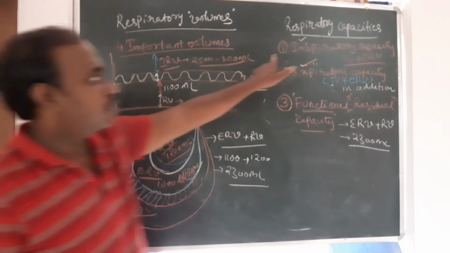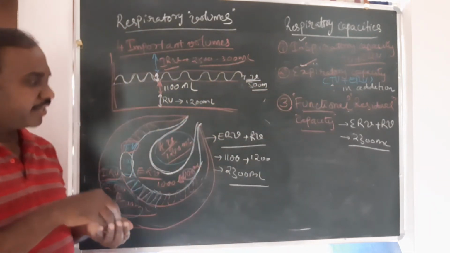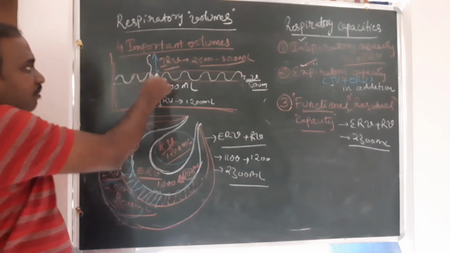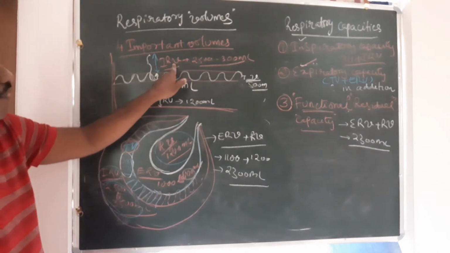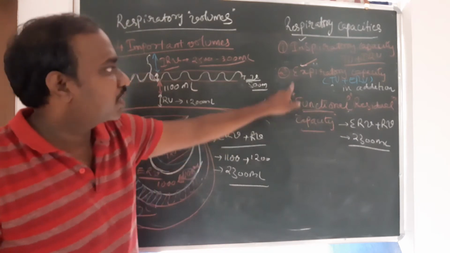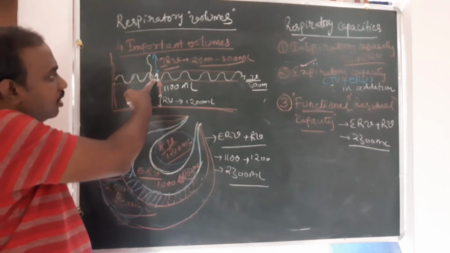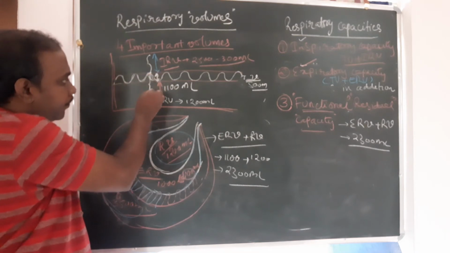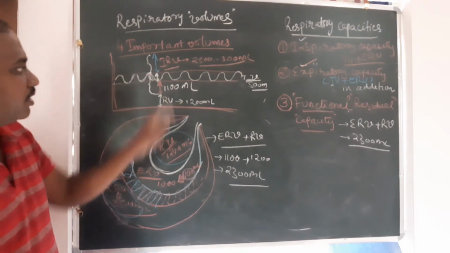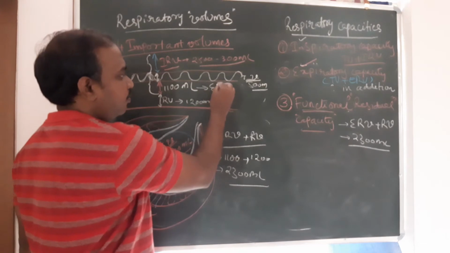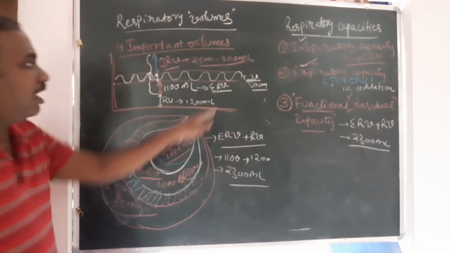Now the capacities. What inspiratory capacity would you take? Easy now, right? Tidal volume plus IRV is your inspiratory capacity. Expiratory capacity, what are you going to take? This one, tidal volume plus the expiratory reserve volume, isn't it?